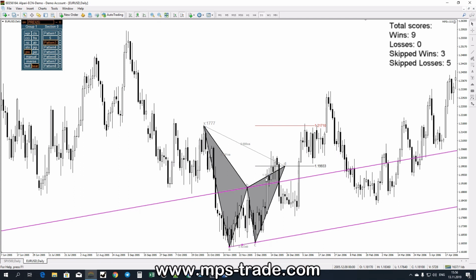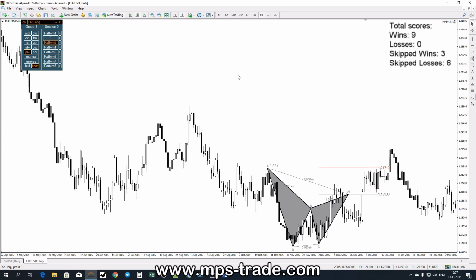Okay, so we did the violation of that, and then we never rejected into this channel area, so we had a follow through, and that's why we do not enter this pattern. So we skip this stop loss or whatever. If you don't enter, you don't have a stop loss.